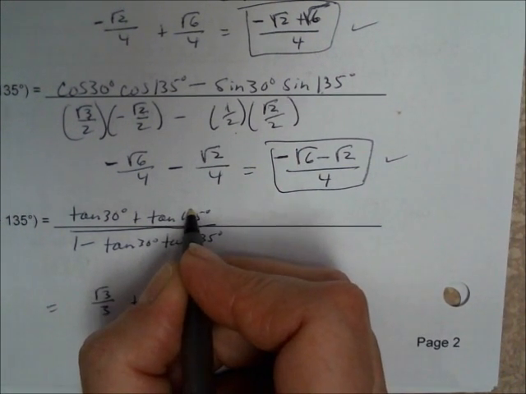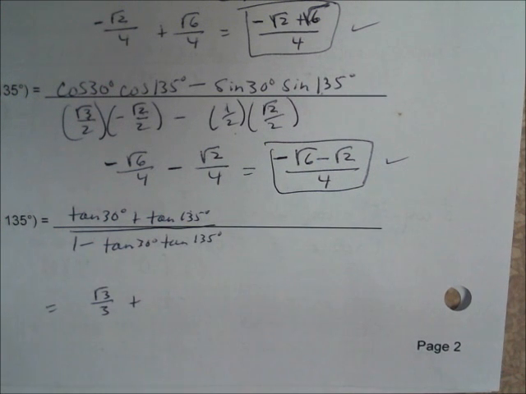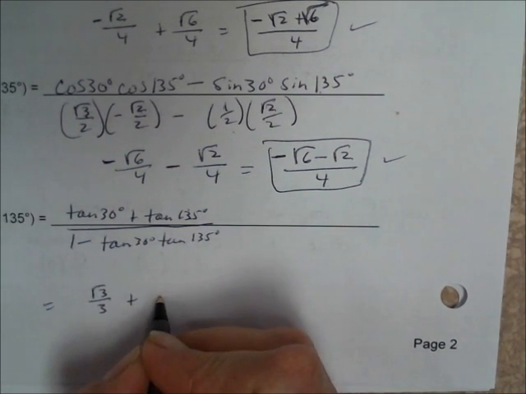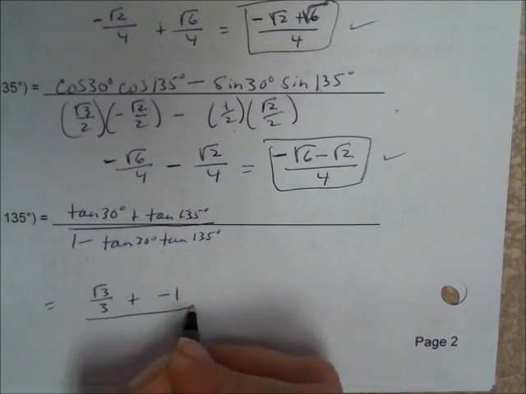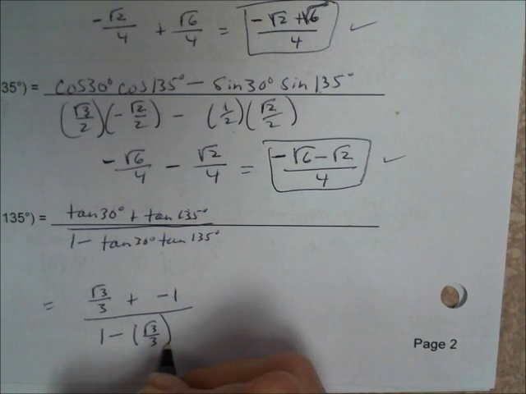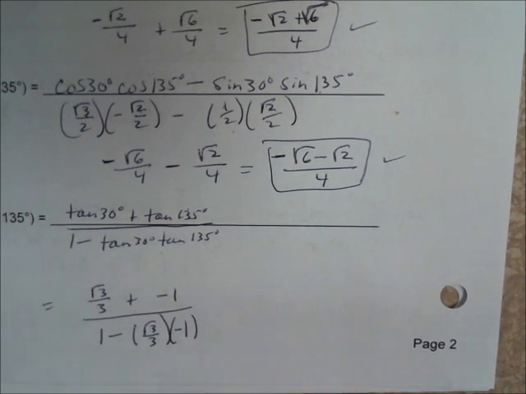Tangent of 135, well, the tangent of 45 is 1, and in quadrant 2 tangent goes negative, so it's negative 1. 1 minus square root of 3 over 3 times negative 1.